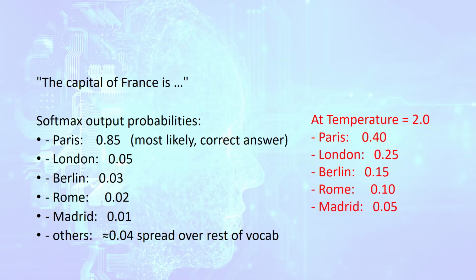So increasing temperature is usually used to enhance creativity, some new inventions, some new styles, some new phraseologisms. They can be included into the text to express the initial idea.